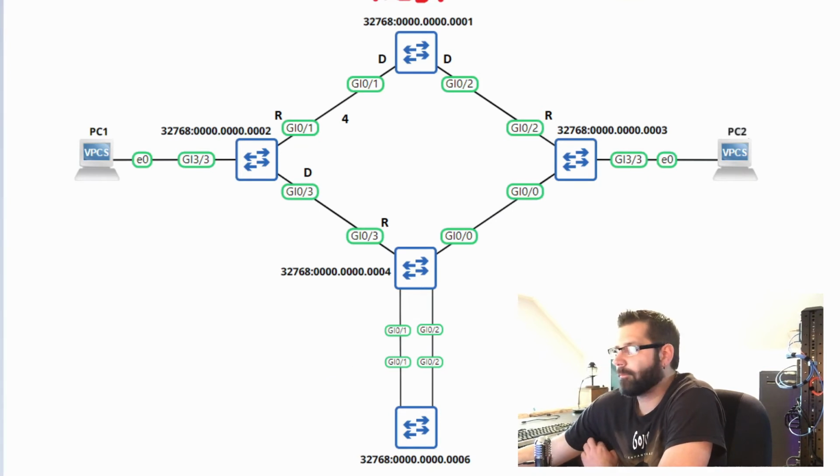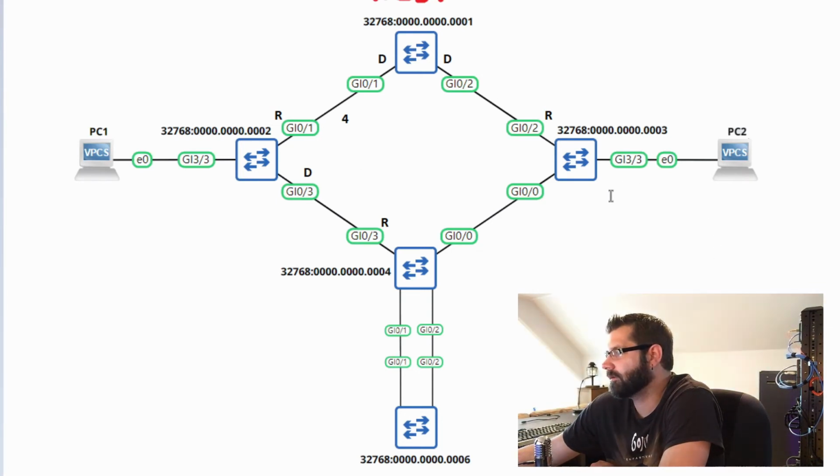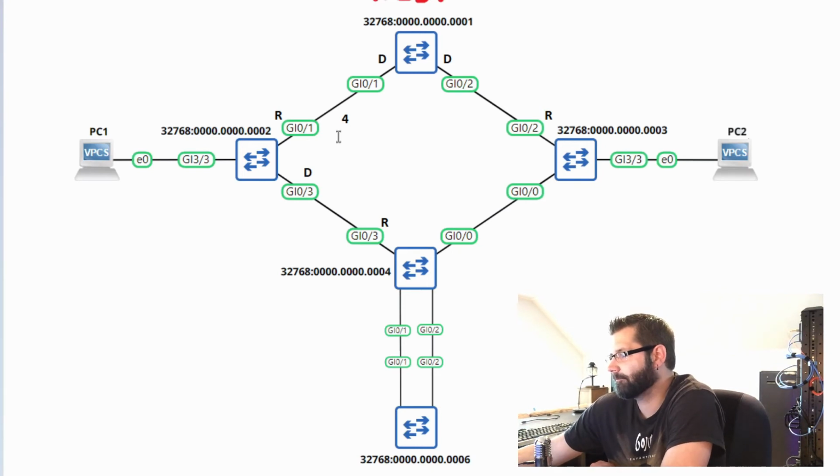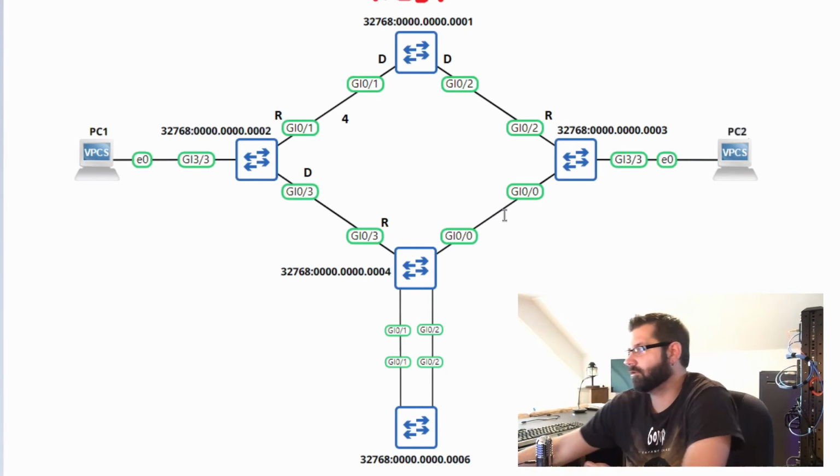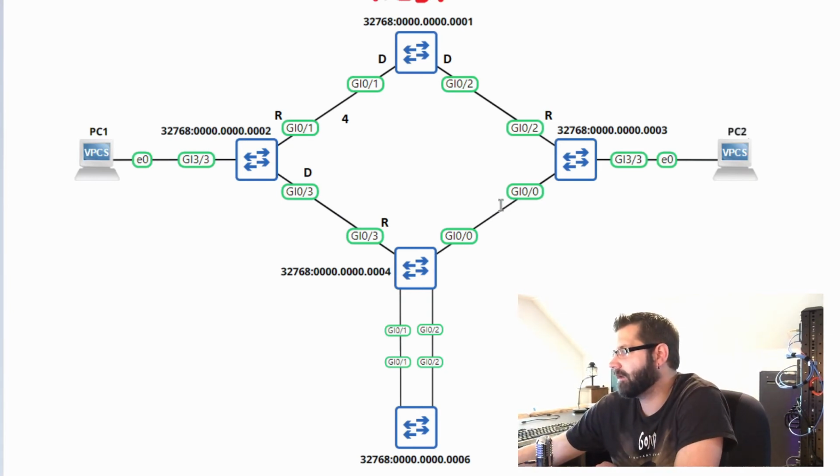So now we're at the point where, just looking at these four switches, we have decided a root port on every single one of them. Now, if you want it to be basic, you could technically say that this link right here is gone, blocked.